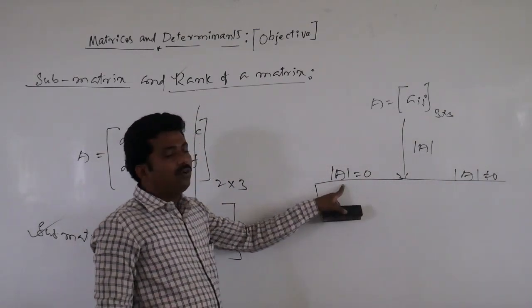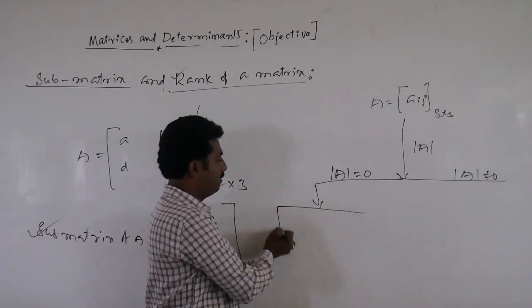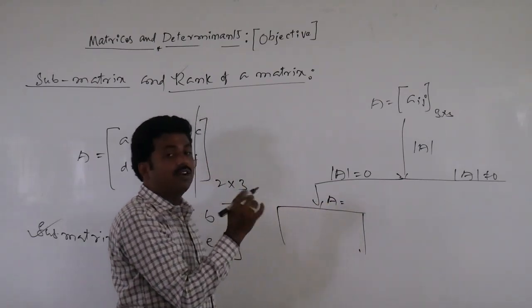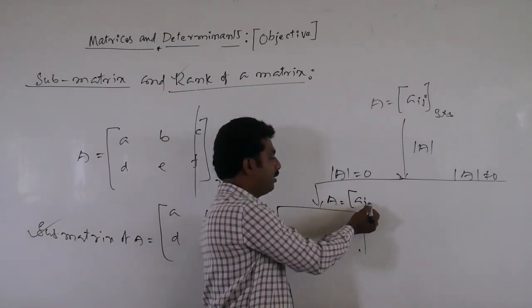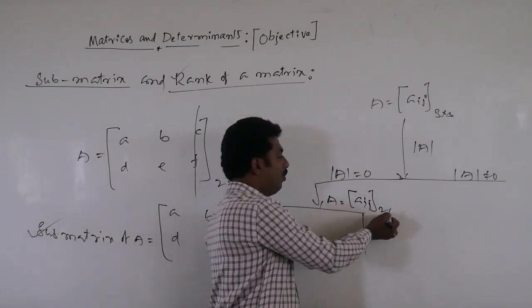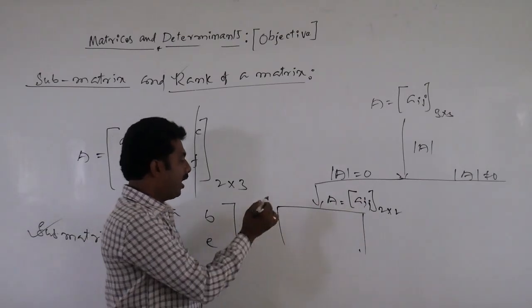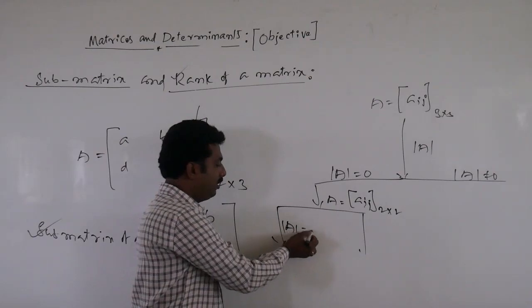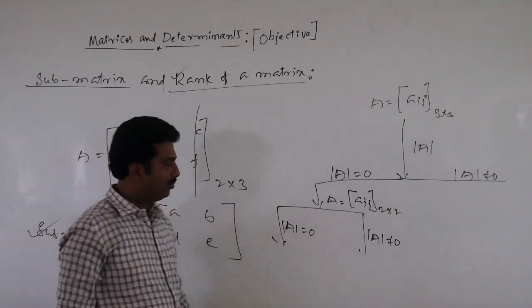If it is 0, then we have to take a 2 by 2 submatrix from A. How will you get the submatrix? By deleting one row and one column. So we get a 2 by 2 matrix. Again, the determinant may be 0 or may not be 0.